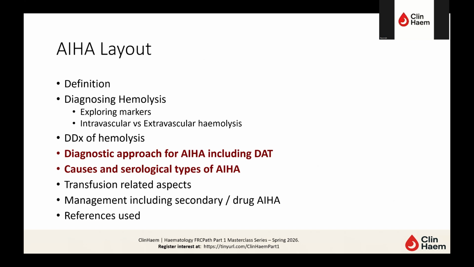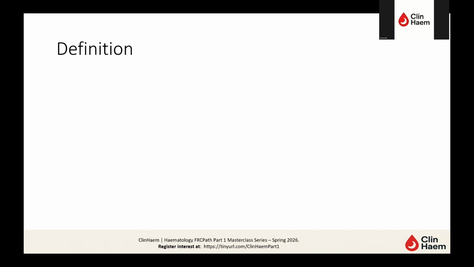It is very important to diagnose the exact subtype of AIHA because treatment depends on what subtype it is. Also, it's very important for the exam, and it can easily be a part of a long essay question. It has appeared in the past as well, of course. I'll finish with some transfusion related aspects in AIHA and management, followed by the references that I've mainly used for this presentation.